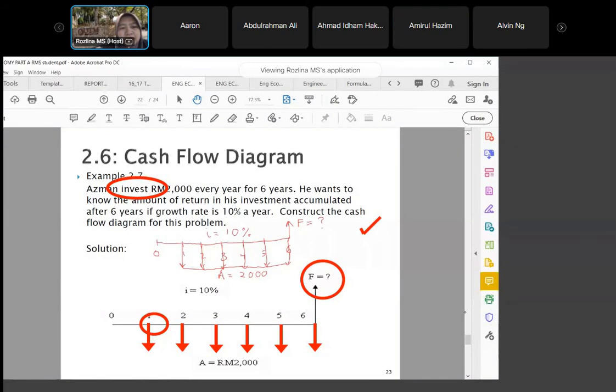Because the question only wants the monetary amount after 6 years.